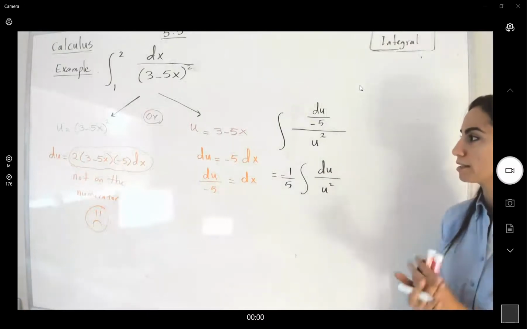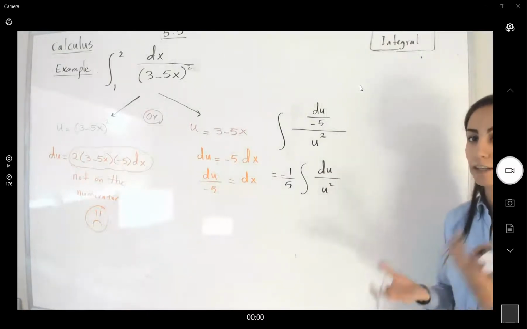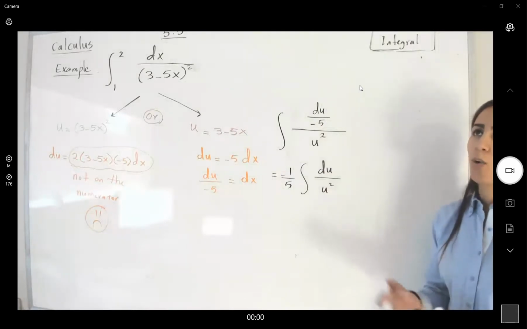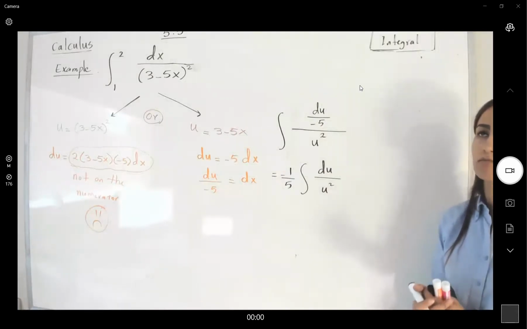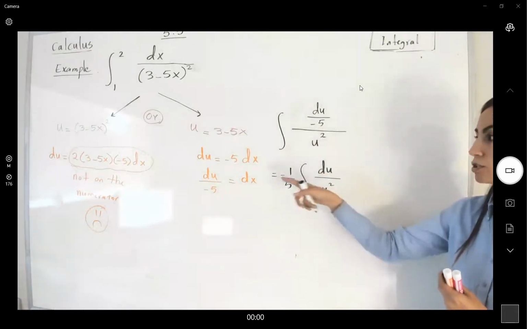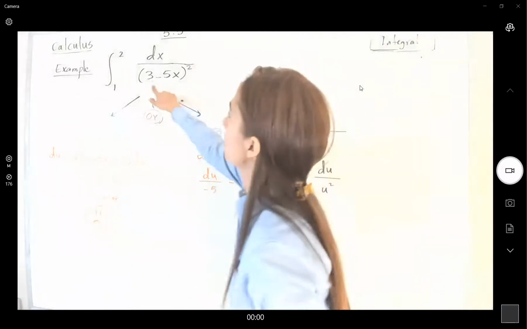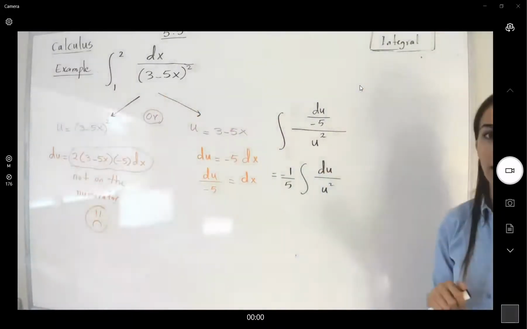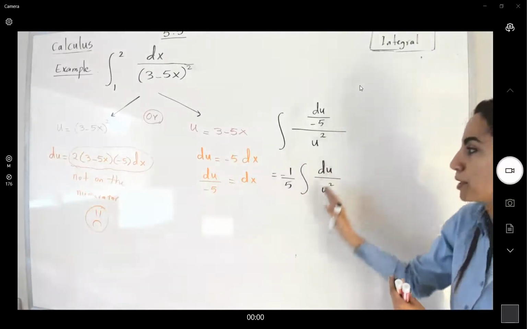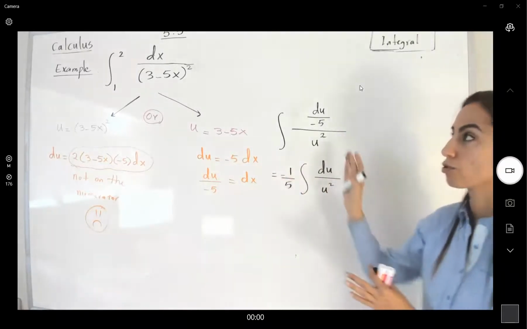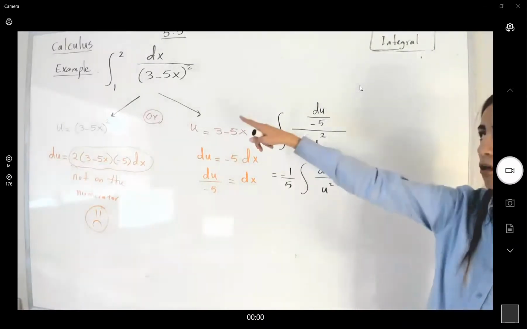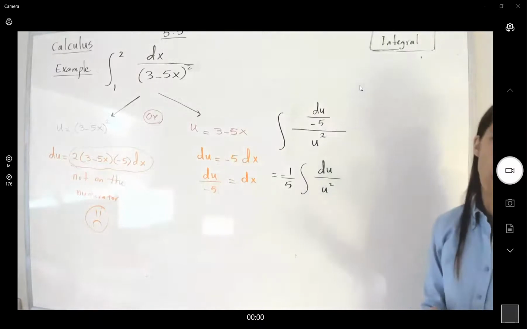The only thing that worries me is that I need to find the boundaries for my u. Well, okay, x is bounded between 1 and 2. It's not that hard to find the boundary for 3 minus 5x. So you can do that, or you can keep taking the integral, writing everything in terms of x without changing the lower bound and upper bound, which are 1 and 2.